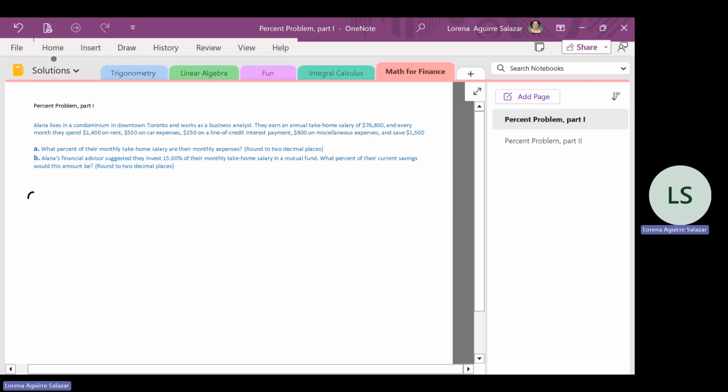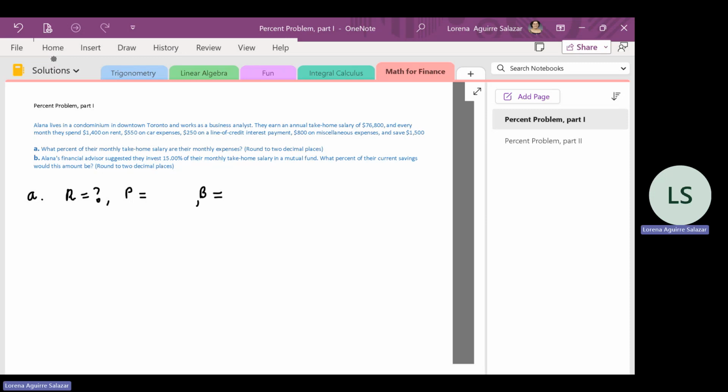Because we're looking for a percentage, that means that we're looking for the rate. Remember that the rate, the relationship between base and portion, is expressed in percent. So we are asking about finding the rate. And because we need to find the rate, we need to have the portion and the base.